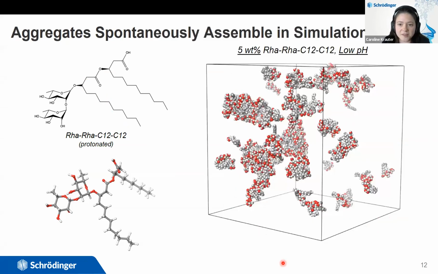These are simulation boxes, for example, for one of the dirhamnolipids, and for better visualization, the waters are hidden here, so we are only showing the rhamnolipid in the simulation box.